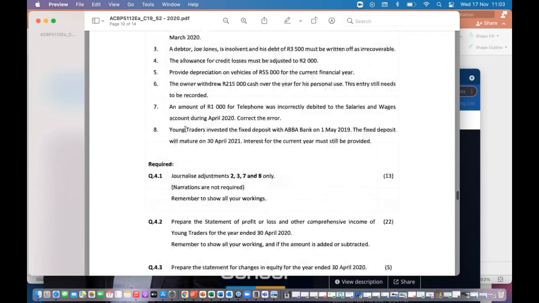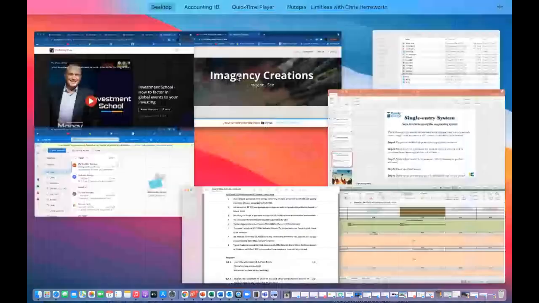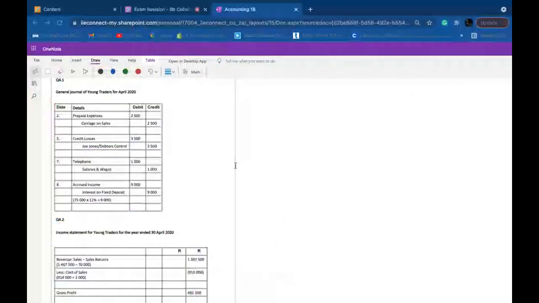April. Okay, then that's fine. 2,000 was prepaid. That was delivered in March. Prepaid, so in other words, it was paid in advance. So the accounts that are going to be affected are prepaid expenses and then your carriage on sales.